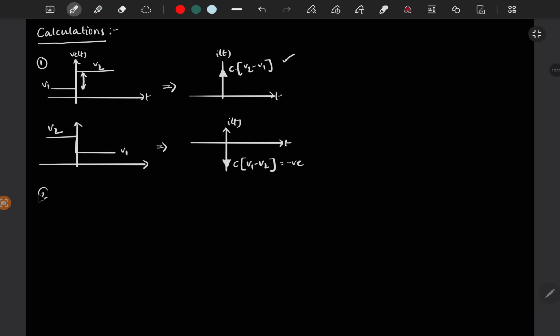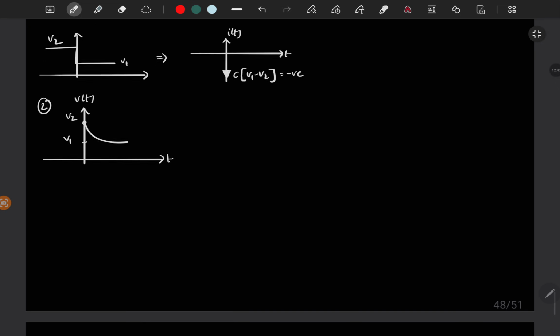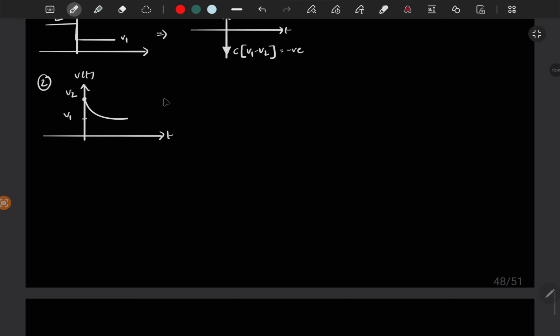And suppose a capacitor voltage starts from V2 and at steady state it reaches V1 and it discharges clearly. So since it is discharging, the current should be in negative direction.